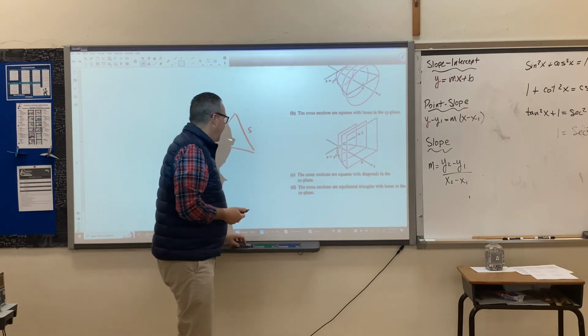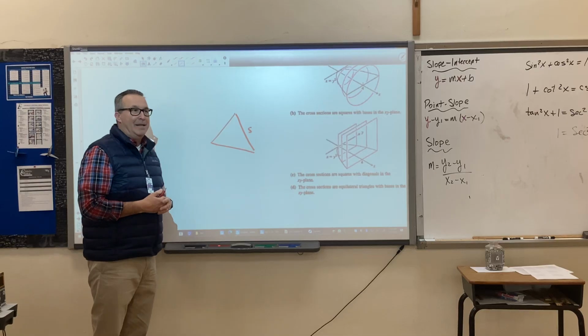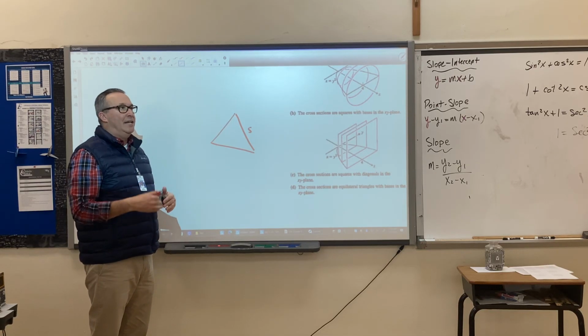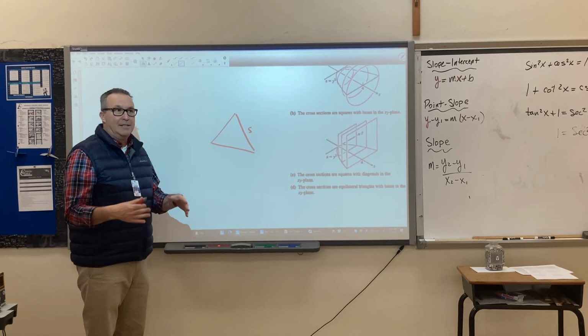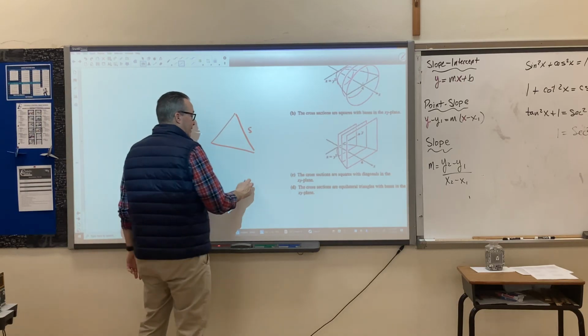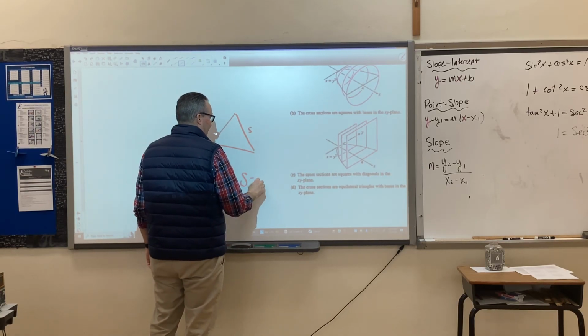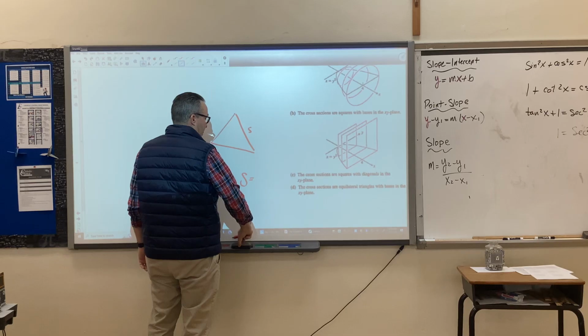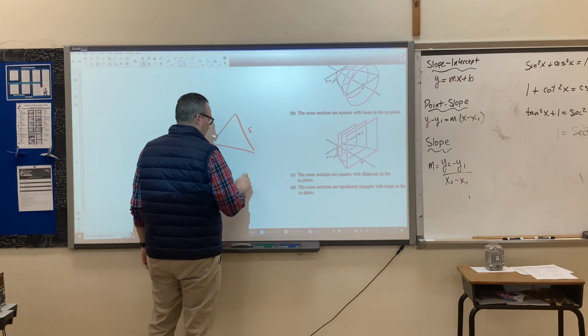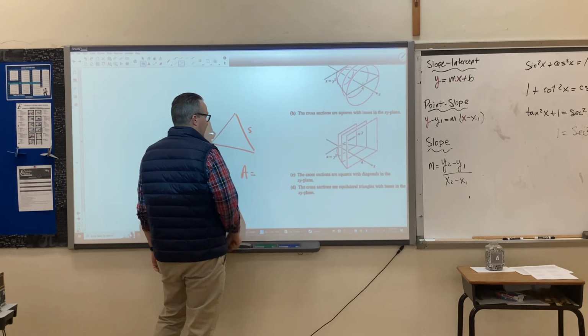We need to figure out how to find the area of an equilateral triangle, using only s, the side of the triangle, as its variable. Area equals.